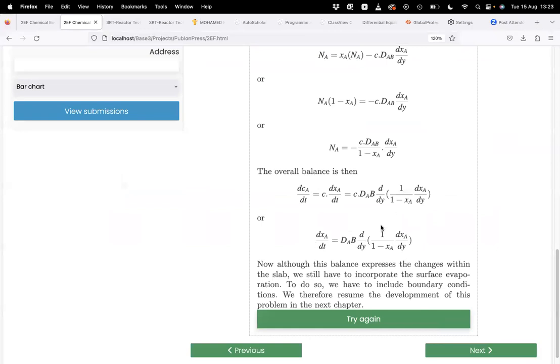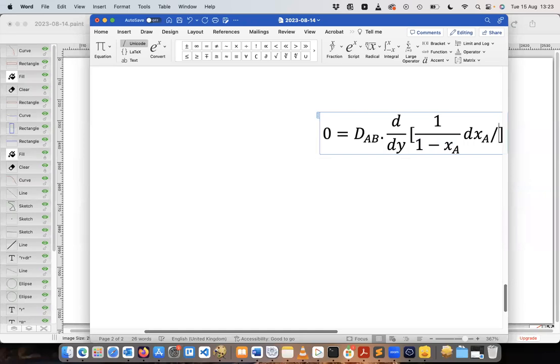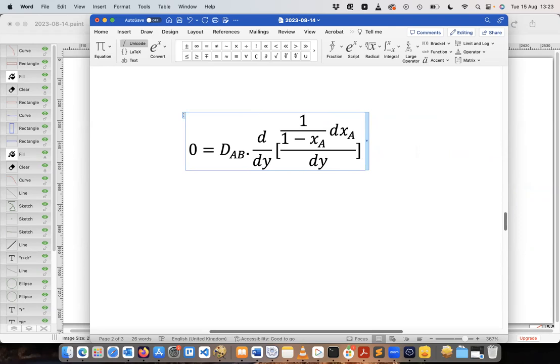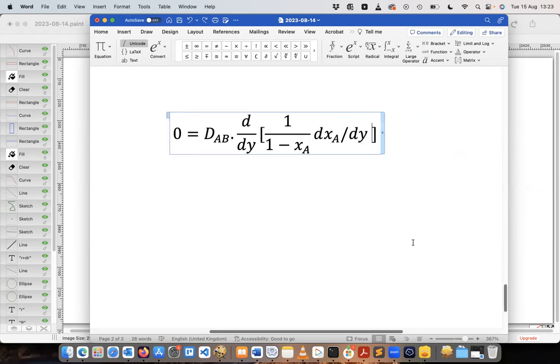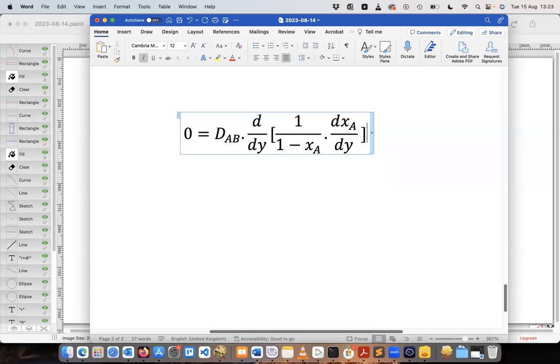So if you go back and look at this balance, it's 1 over 1 minus x_A, dx_A/dy.